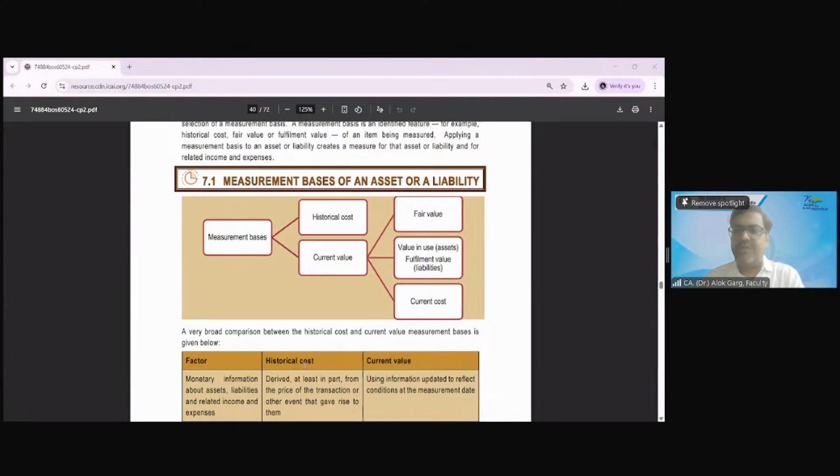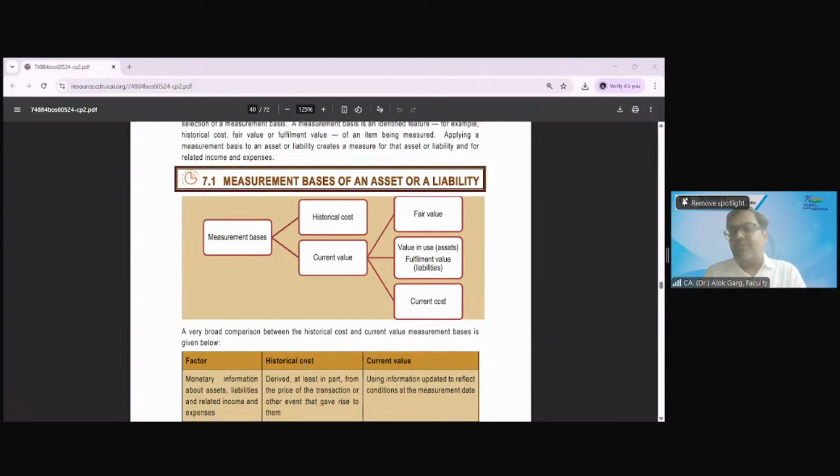You will only depreciate the car, correct? But if you are using the current value approach, what is the current value approach? Current value approach means what is the value of this asset today? And when we are talking about the value of the asset, we are talking about the value of the rights which I will get from this asset.